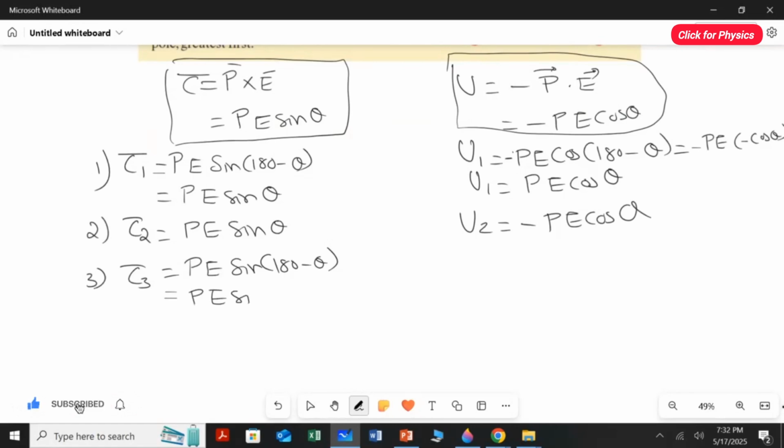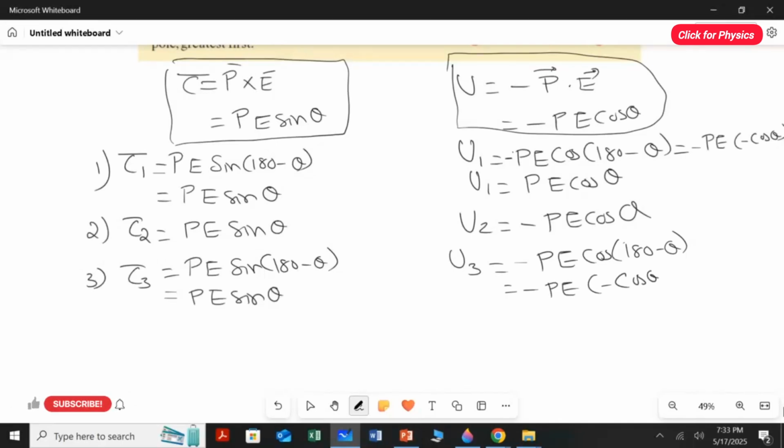So PE sine theta for the third torque. Likewise for the potential energy, U3 is minus PE cosine of the same angle, 180 minus theta. Cosine of 180 minus theta is minus cosine theta. So minus of PE of minus of cosine theta is equal to PE cosine theta.